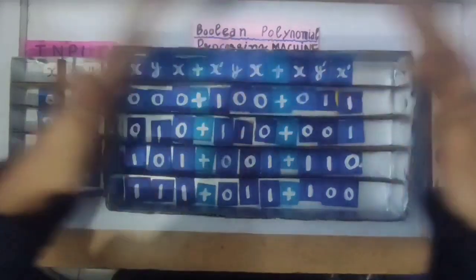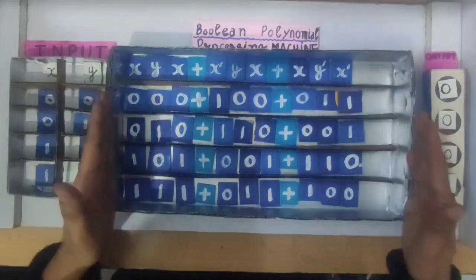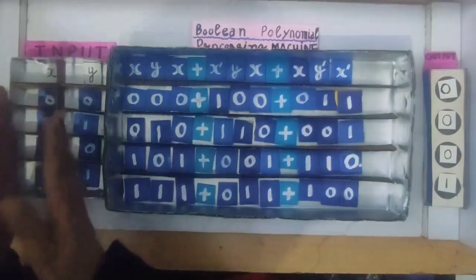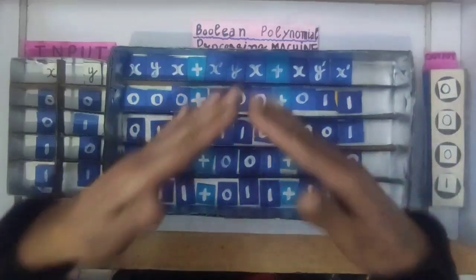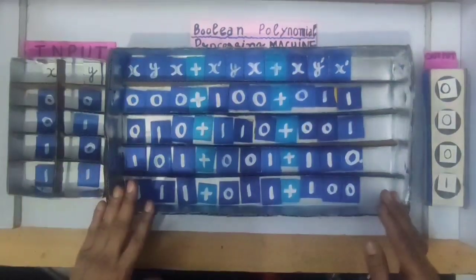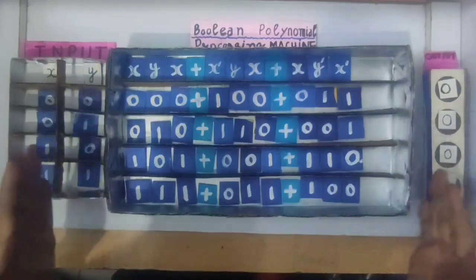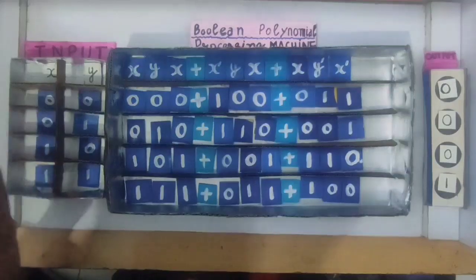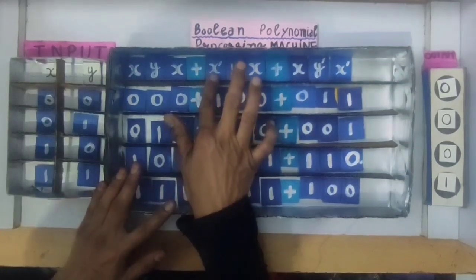So this whole structure can be imagined as consisting of the processing machine, which is the Boolean polynomial, the input machine in which inputs for the variables x and y are given, and the output machine which gives you the output. This whole structure can be imagined as a Boolean polynomial function, which is nothing but a mapping whose domain depends upon what Boolean polynomial has been taken.